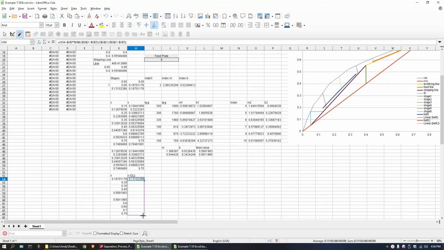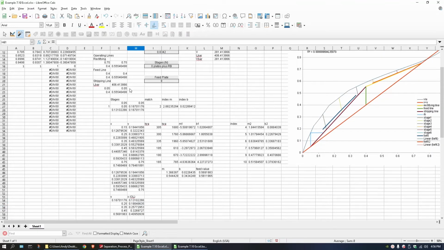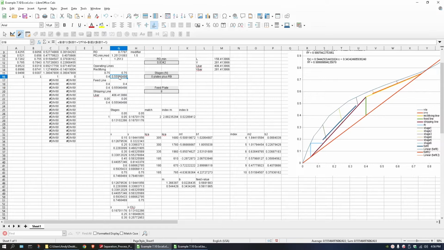We can drag all this down to here. For here, it'll be similarly this in parentheses minus our b divided by our m, and we'll just transpose our rectifying section values.